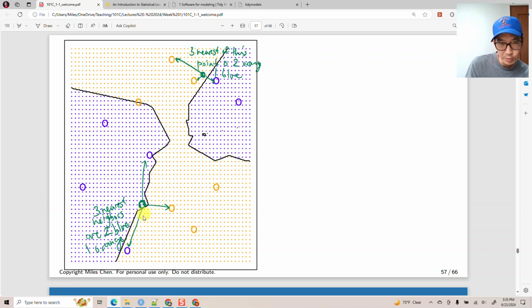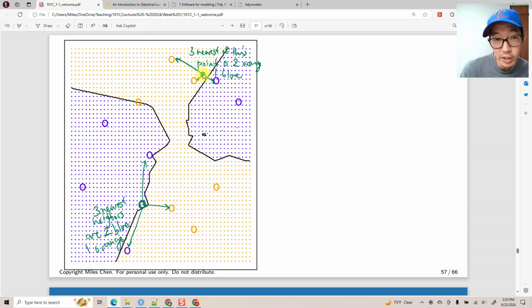Let's say I take the test point right here. What are the 3 nearest neighbors we have? We have these 3 points. The closest one is orange, and then the next closest are this purple and this purple. Each one gets a vote. We have 2 purples and 1 orange, so this test point gets classified as purple.